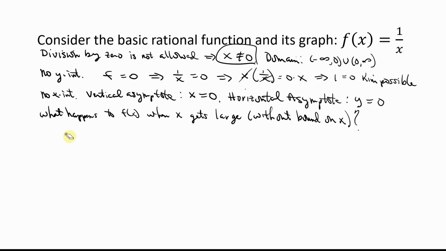So that becomes this idea of a limit of 1 over x as x goes to infinity. Well, this guy goes to 0. So this horizontal asymptote is a limit, right?